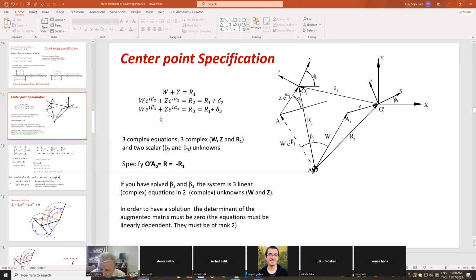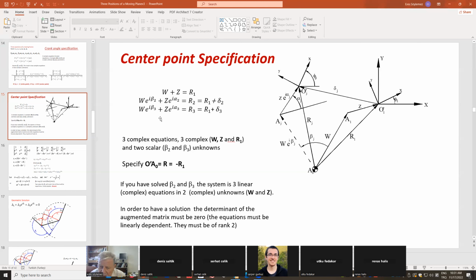If I know beta 2, beta 3, these 3 complex equations have 2 complex unknowns, W and Z. In that case, these equations are linear in terms of W and Z. I don't know beta 2, beta 3, but let me assume that I know them.